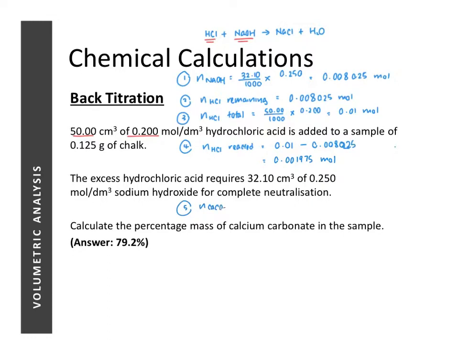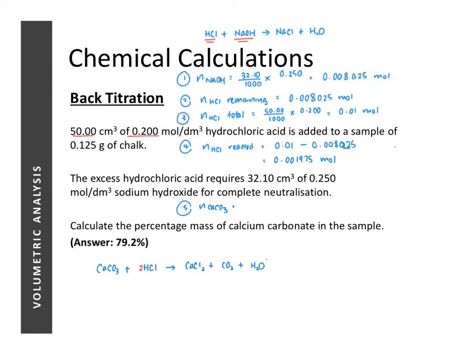Okay, and once again, in order to do that, we need to compare the mole ratio. So we will need the balanced chemical equation again. So the reaction between calcium carbonate and hydrochloric acid is like that. Right, you will produce a salt plus carbon dioxide and water. So this equation is not balanced. In order to balance, we need to put a 2 over here.